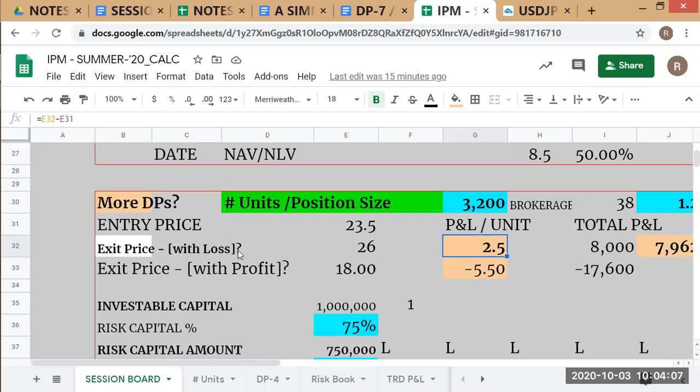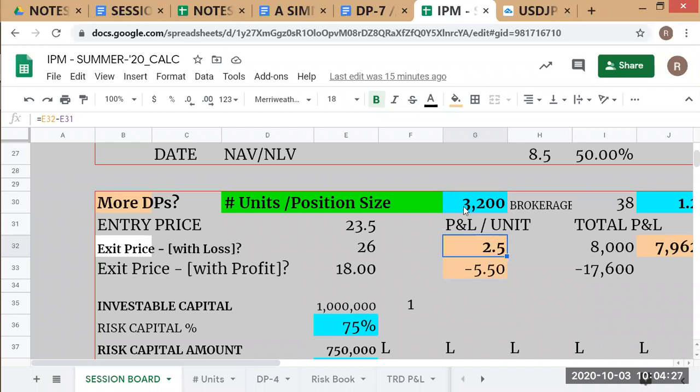That's what we are really concerned with when we are modeling the position size. Exit with profit we are not concerned with at this point of time. So this is 2.5, which is the profit per unit, and if you want to get the total risk or total projected loss on the triggering of the stop, that's 2.5 times the number of units.